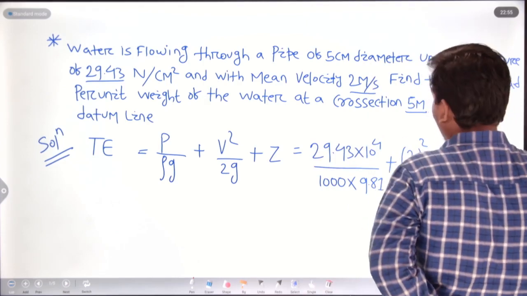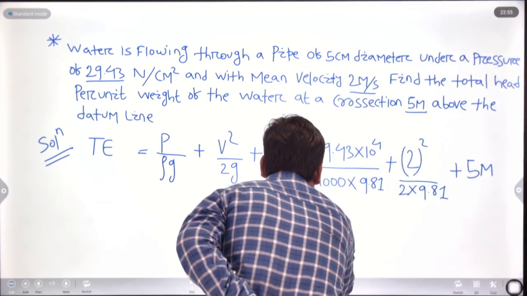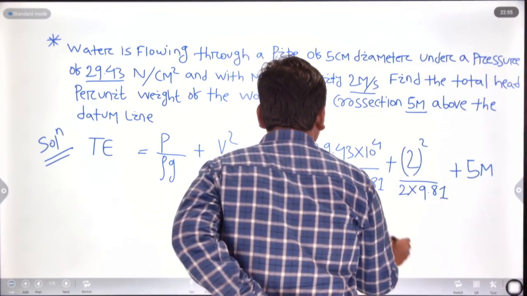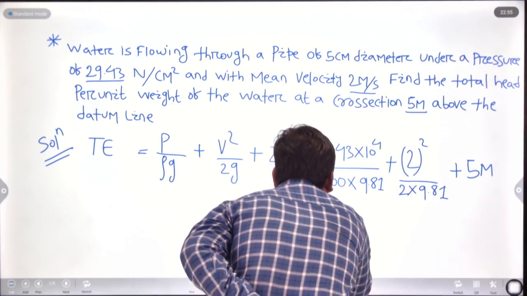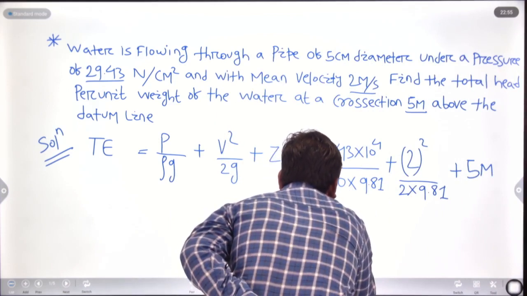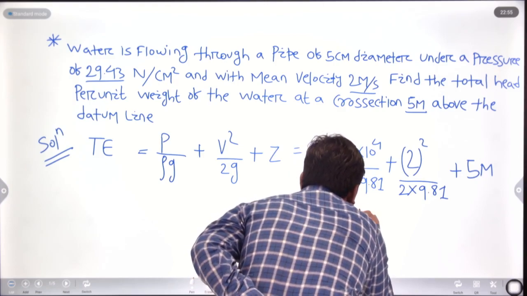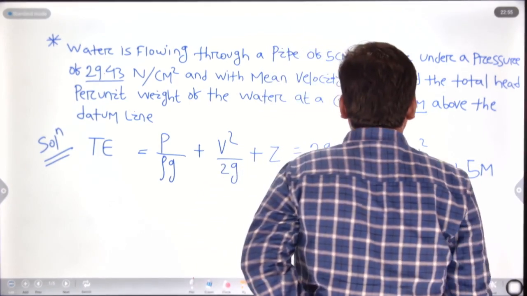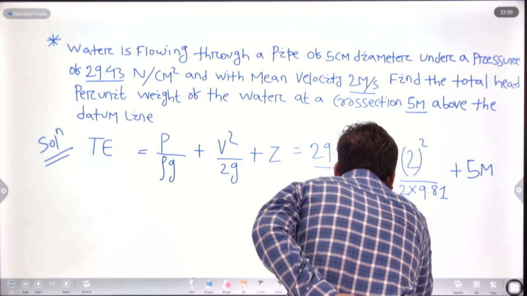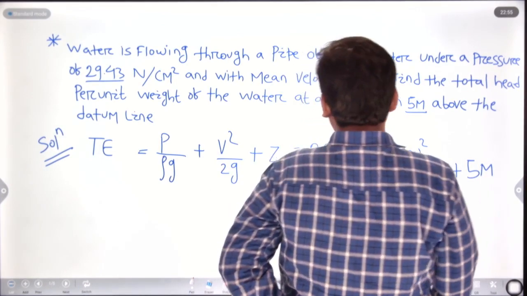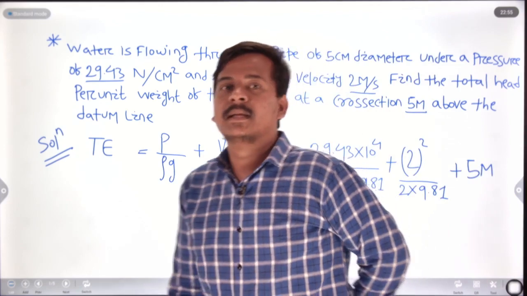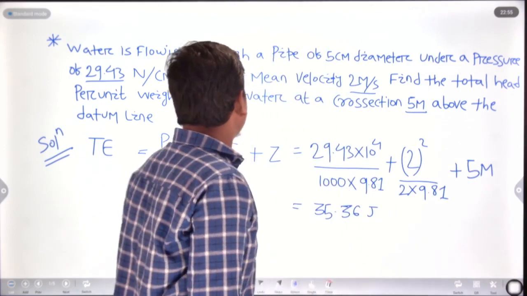Calculating the above in a scientific calculator, we find its value is 35.36 joule. This is the required expression.